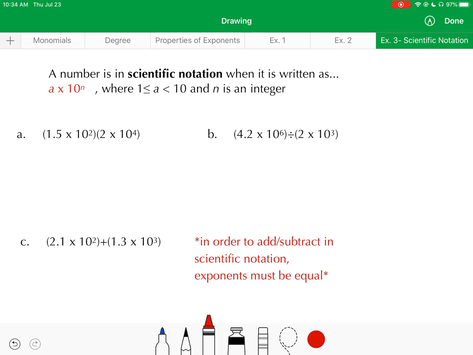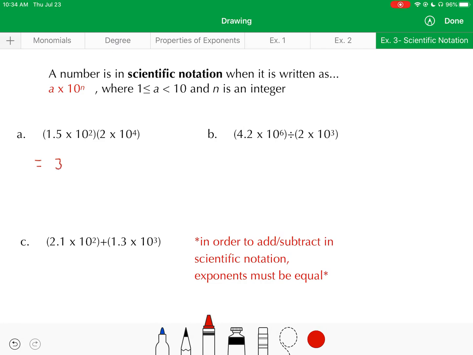So if I am working with two numbers in scientific notation, I can utilize my properties of exponents on those, okay? So let's say I'm taking 1.5 times 10 to the second power, and I'm multiplying that by 2 times 10 to the fourth power. Well, I can simply multiply 1.5 and 2 together.